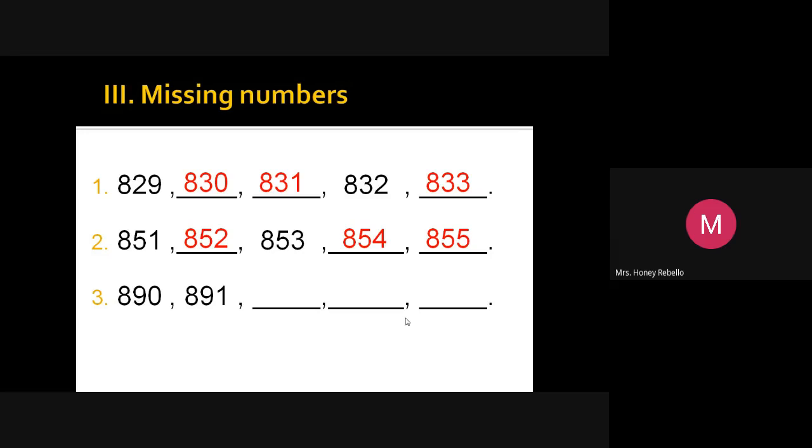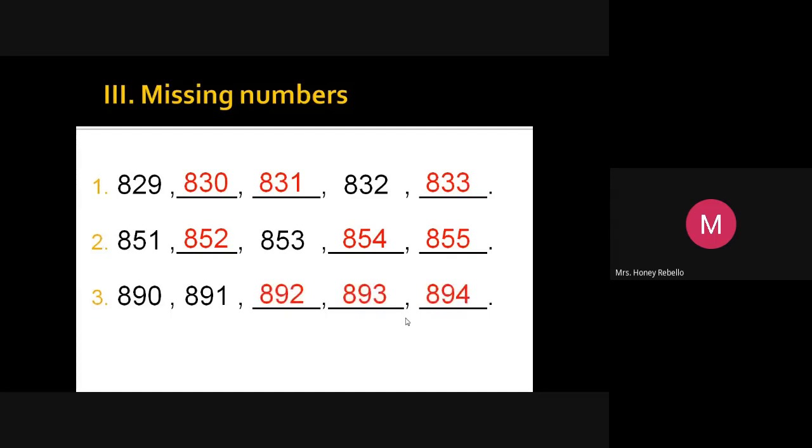You just count in your mind and write the next number after 891. Add 1 to that number, write that number. Add 1 to the number, again write the next number. Just check whether it's correct.